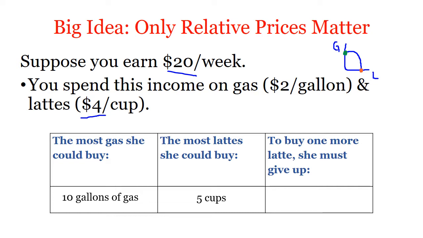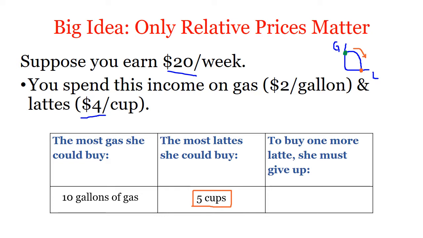And you could be at any point on the curve, but in order to buy one more latte, so in order to move this way along the curve, you have to give up gas to do so. That's the trade-off of the opportunity cost here. So if we're trying to figure out the opportunity cost of one latte, we want this maximum amount to become 1. So how do we do it?